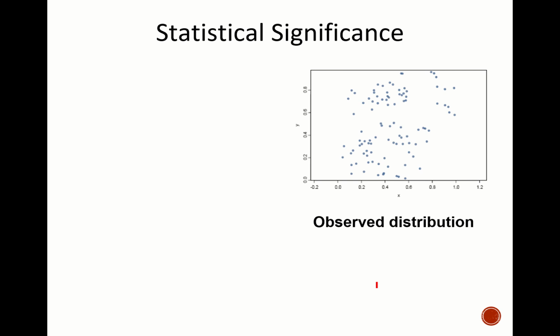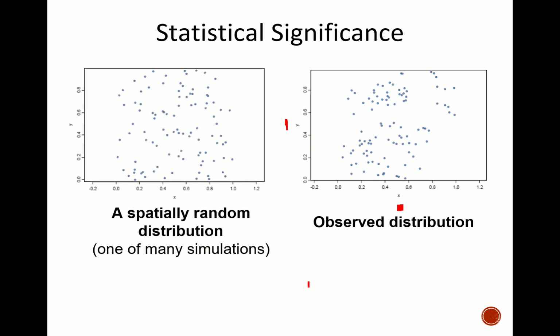Essentially, imagine you have an observed distribution of points across X and Y coordinates. It's comparing your observed distribution to a spatially random distribution. This is just one possible spatially random distribution, but with Geog you're going to be doing 500, maybe 1,000 different permutations, so you have a greater sample of random distributions to compare your observations to.